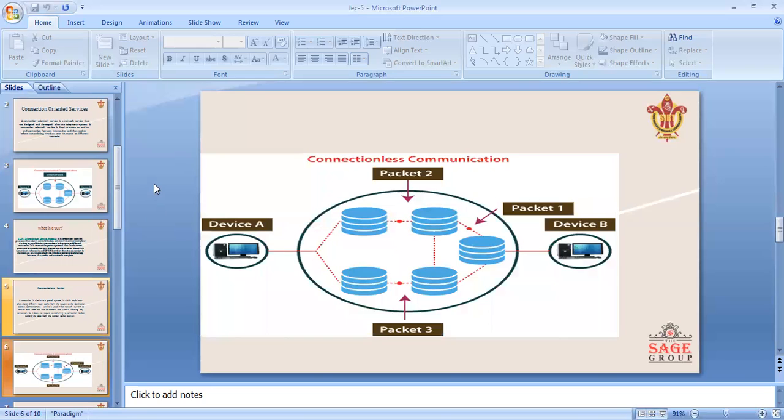Now, this is the diagram for connectionless communication, in which device A interacts with device B by sending data in the form of packets. Suppose device A sends data to device B, the packets are not in order.